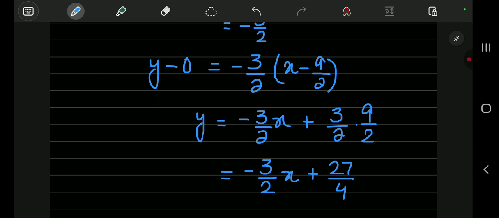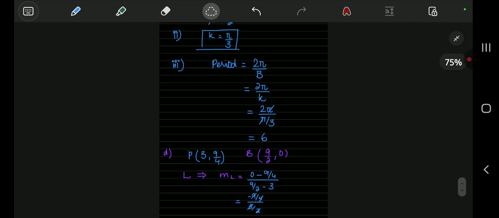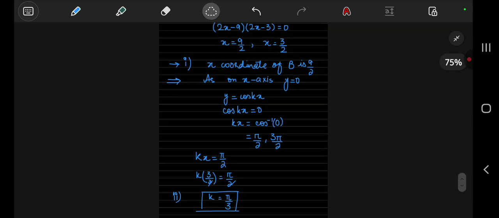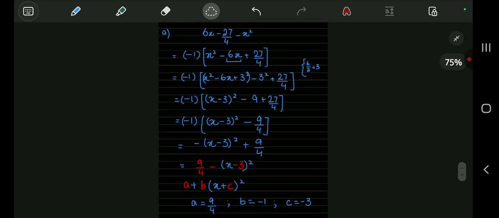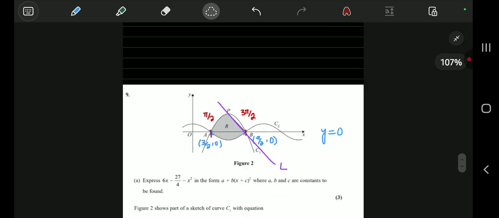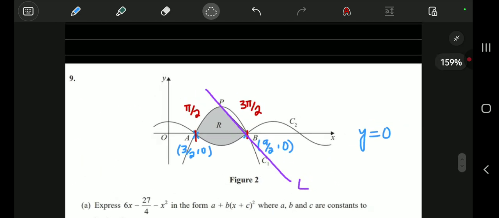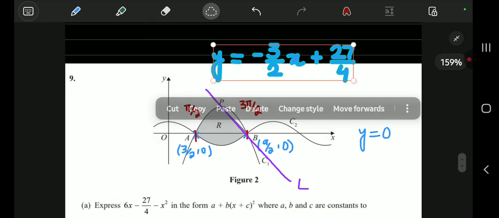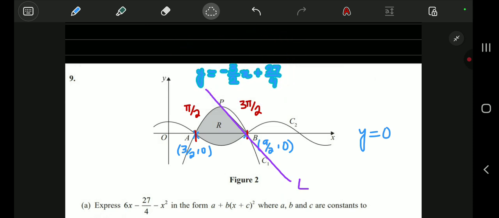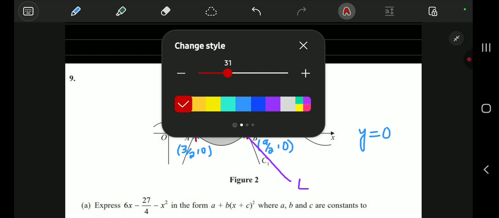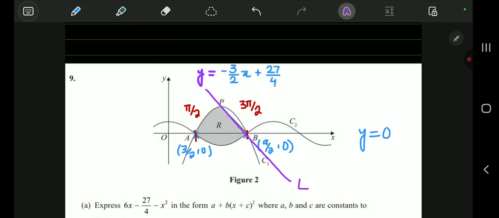So let's copy this and get back to your curve. Write it over here, right beside this curve, and decide for it.